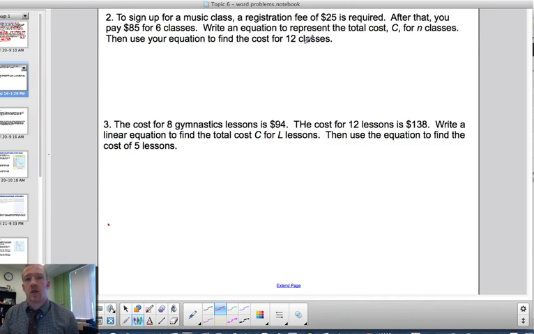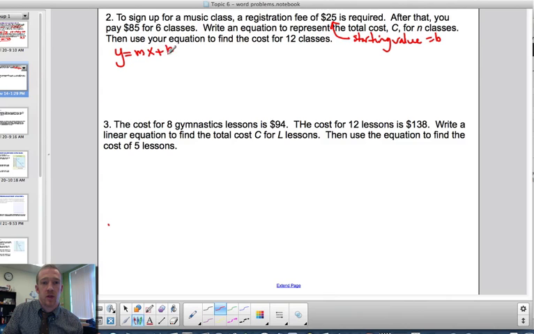A couple more examples here. So to sign up for a music class, the registration fee is $25. So how many times are you going to pay that? Just once. So this is our starting value. That's the b in our equation. So we're looking for a y equals mx plus b type equation here. And then after that, you pay $85 for 6 classes.